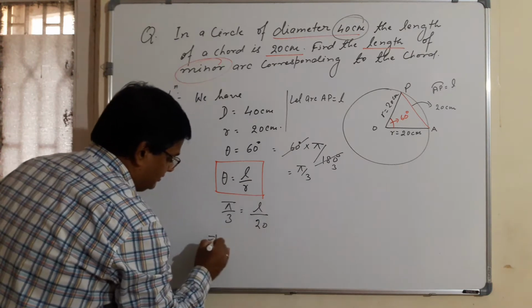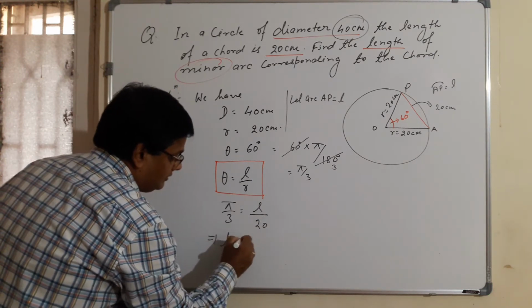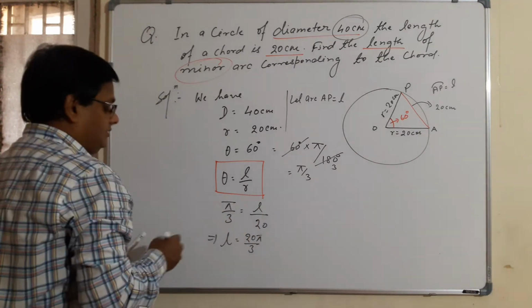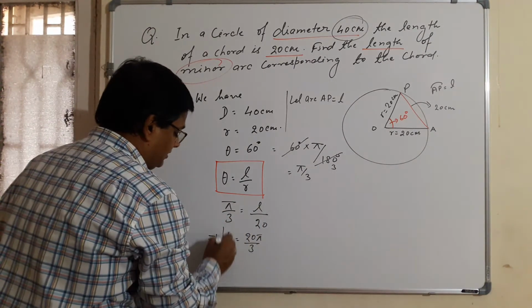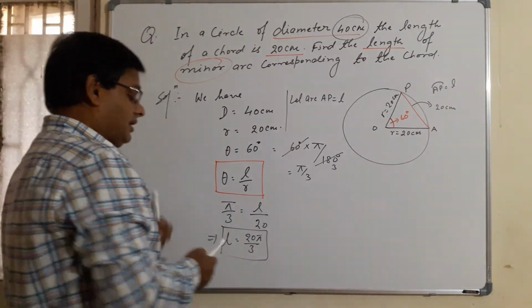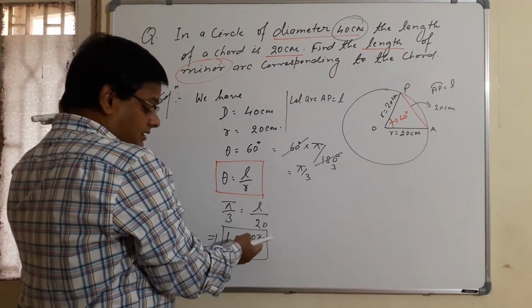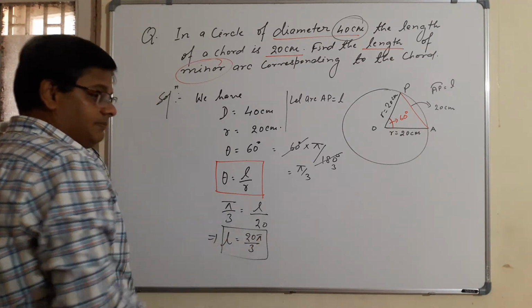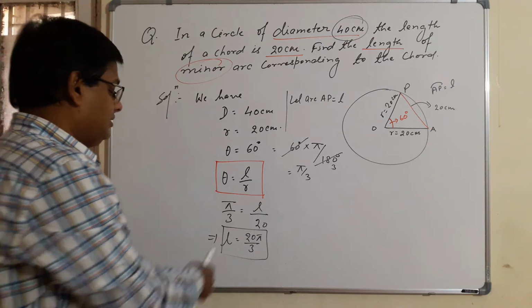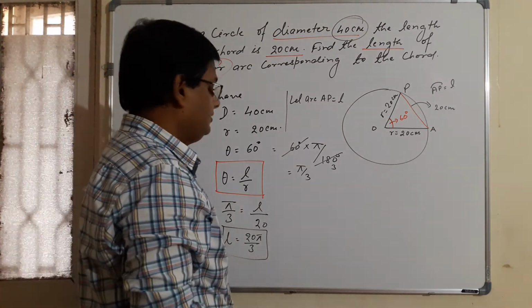So L is equal to 20 pi by 3. This is your answer. If you want to convert, multiply by the pi value 22 by 7. Otherwise leave it like this.